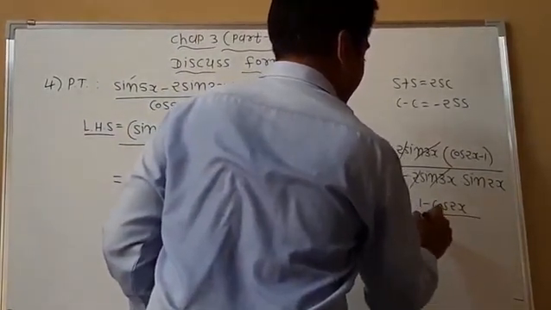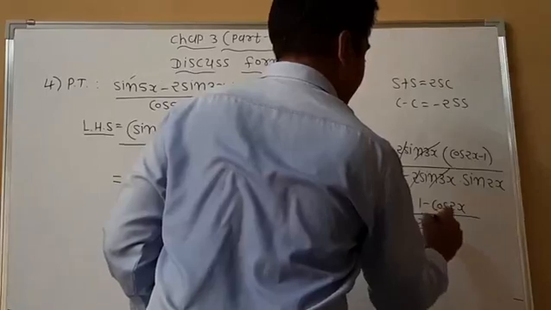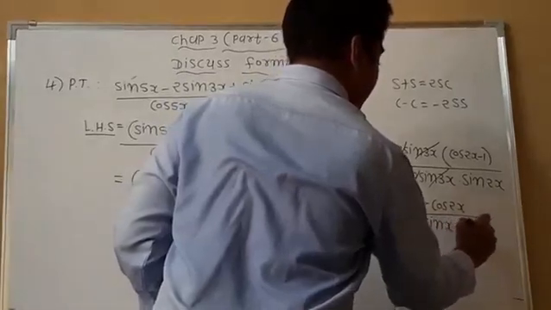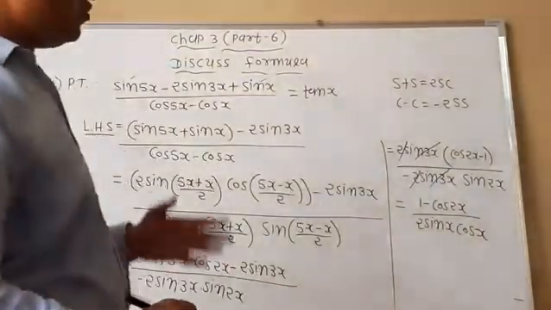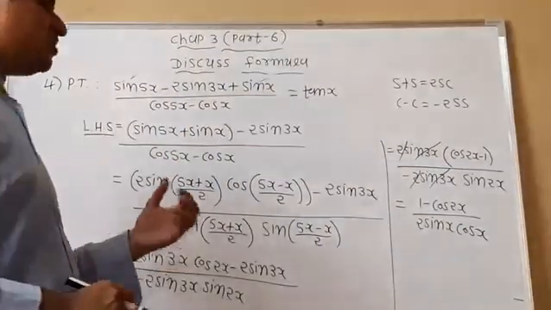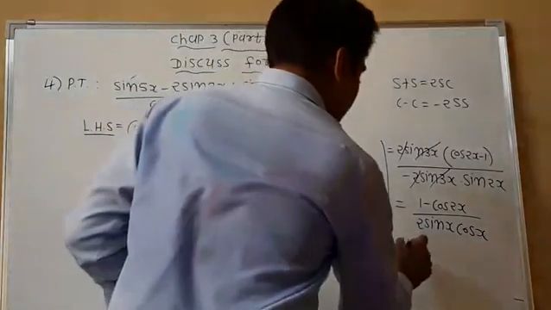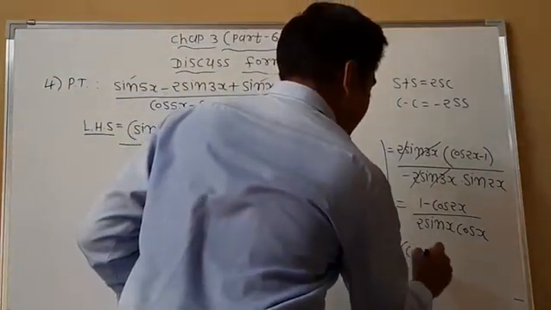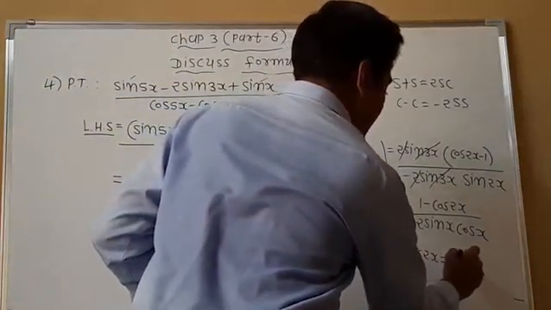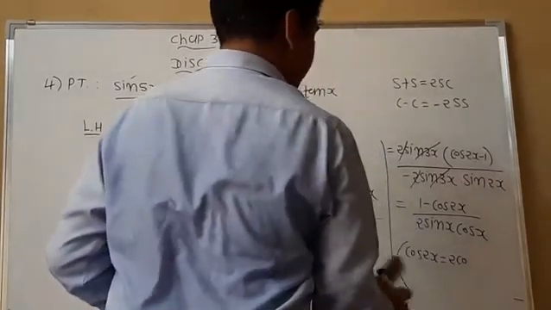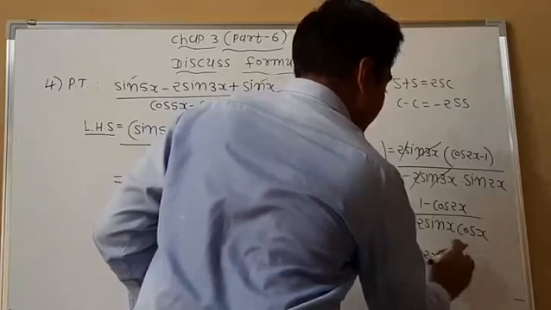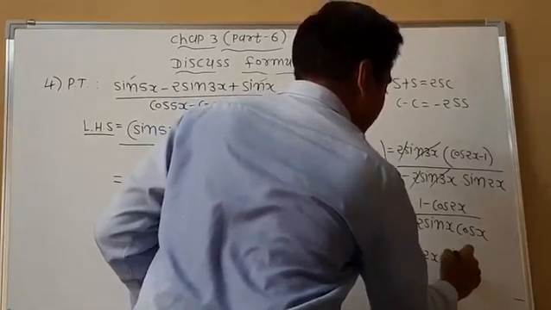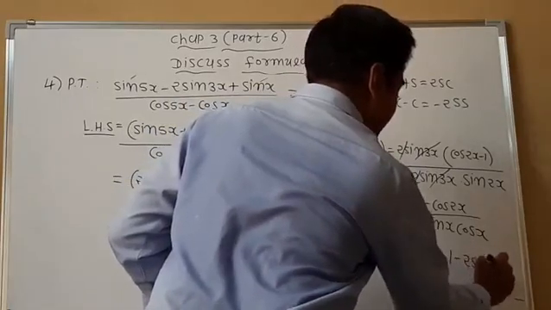Upon sin 2x, in place of which write 2 times sin x into cos x. Now 1 minus cos 2x, in place of which term written here? We know that cos 2x is equal to 1 minus 2 sin square x.